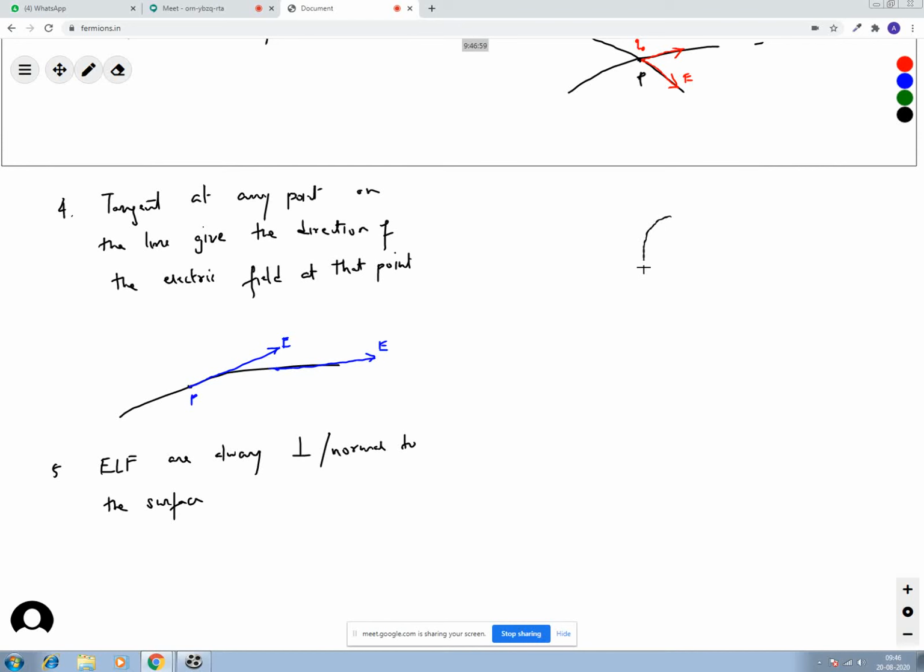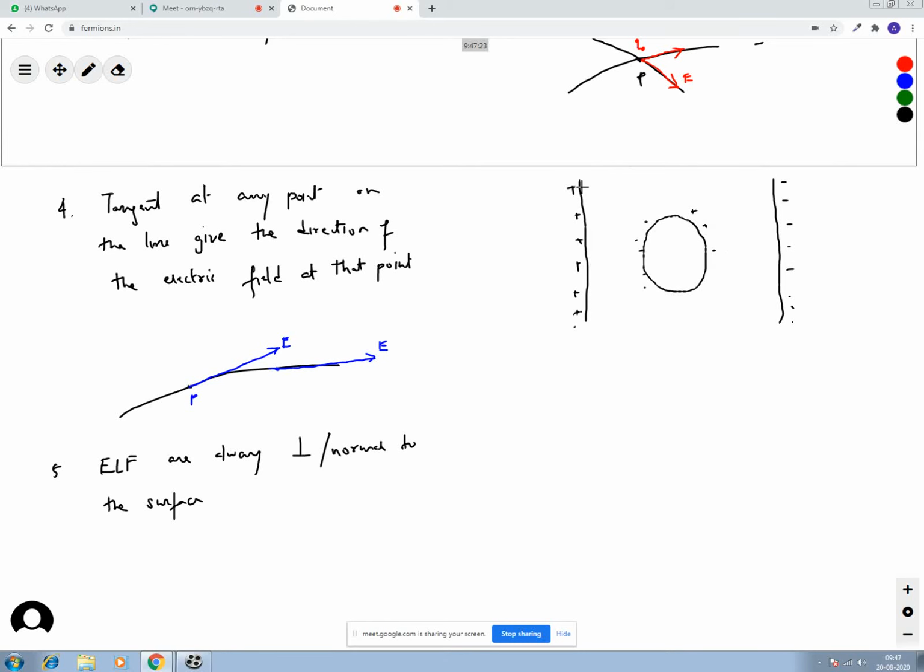If you have any conductor or sphere placed in an electric field, let's say this is one plate, this is another plate, and the electric field is here, plus, and this side is minus. This side will acquire minus charge, this side will acquire plus charge.